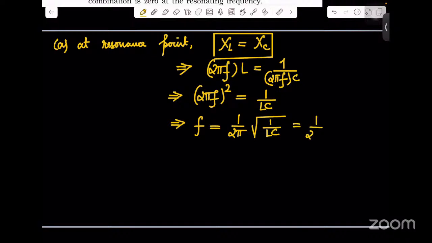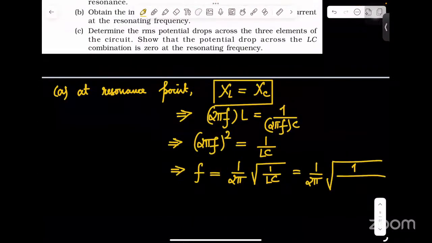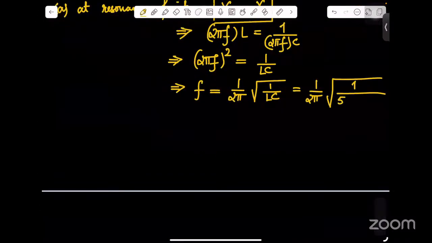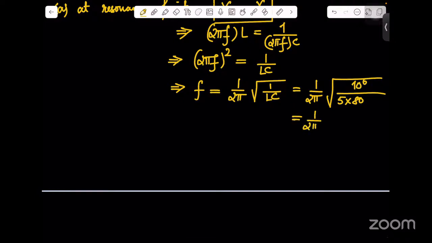So now we just plug in the values. L was 5, C was 80 into 10 raised to minus 6. Okay. So this will be 1 over 2 pi into 10 raised to the power 3.